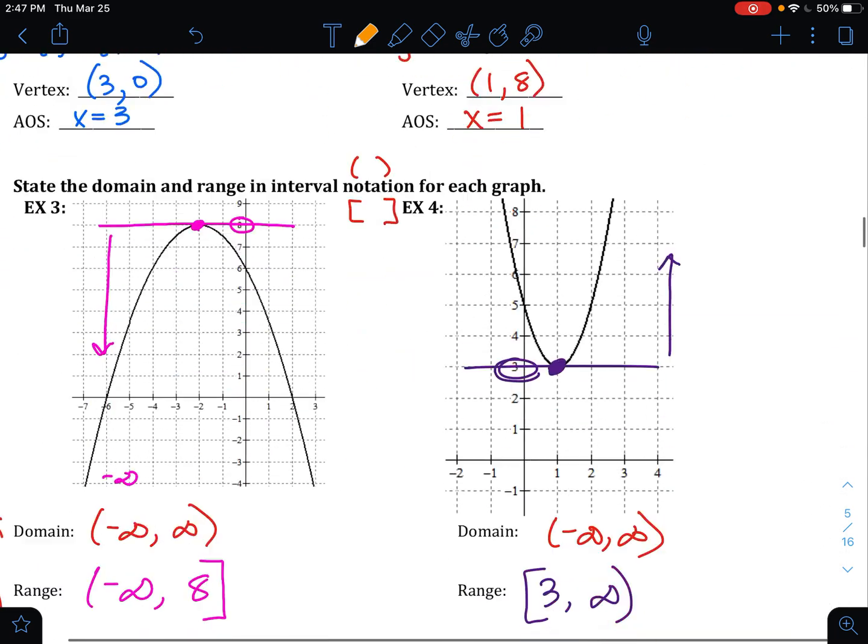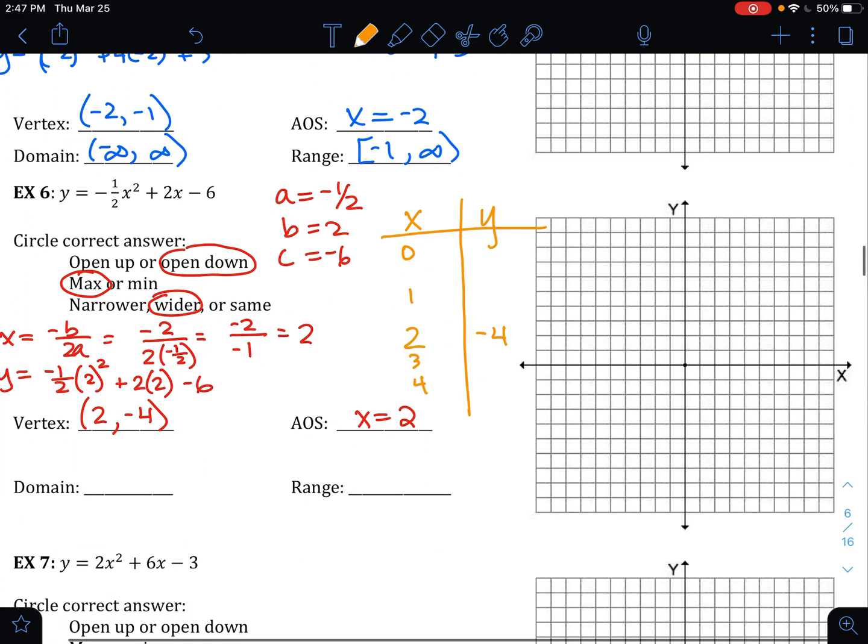I'm going to erase this in a minute. So I'm going to do -1/2, I'll start with 0, 0 squared. I'd like to use 0 because 0 is easy to work with. So basically 0 is going to wipe this out and this out, so I'm left with -6.